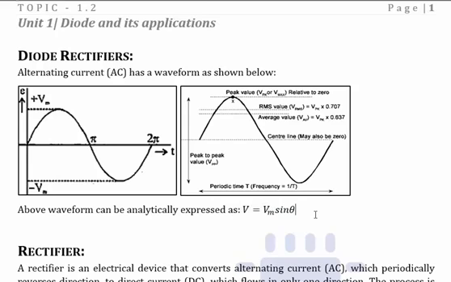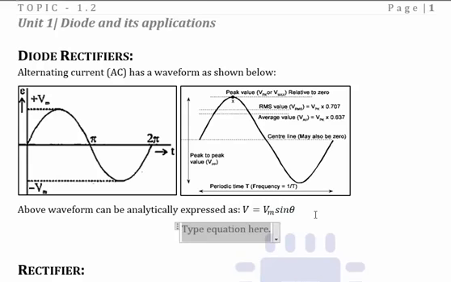In more detail, we can express the same signal using this formula: V equals Vm sin(omega t plus phi). So this is the actual detailed form of the mathematical expression, and this equation represents this type of waveform.